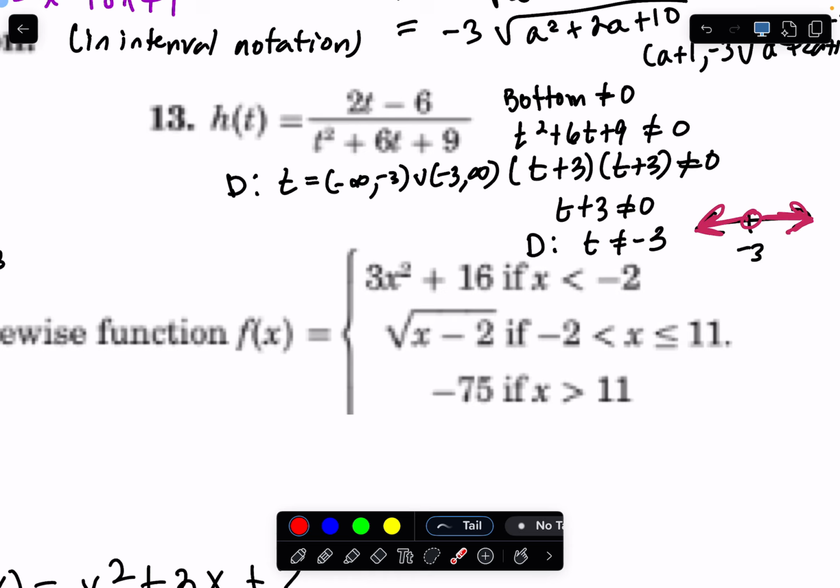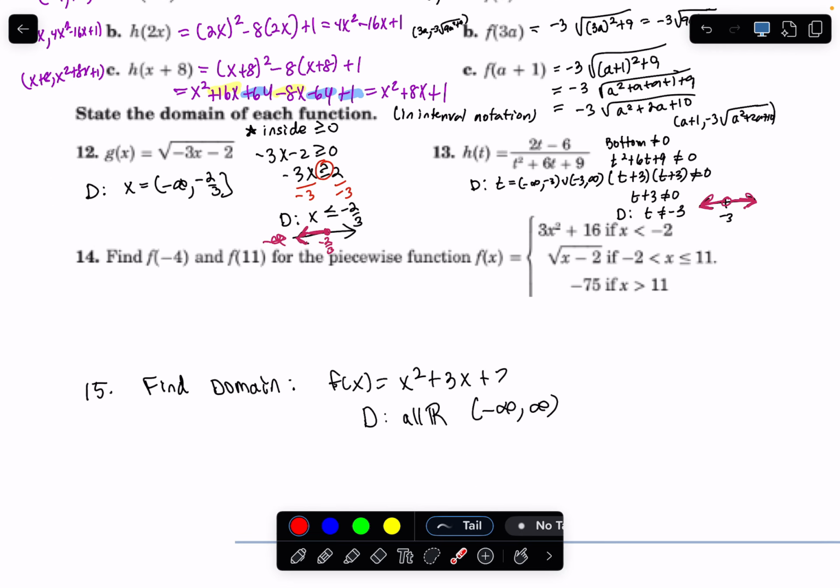Okay, the last piece that's going to be on the quiz tomorrow is a piecewise function. I'm going to give you a piecewise function, and it's your job to evaluate a certain value in the correct spot. So always before you get started, look at the piecewise function and look at where the values lie.